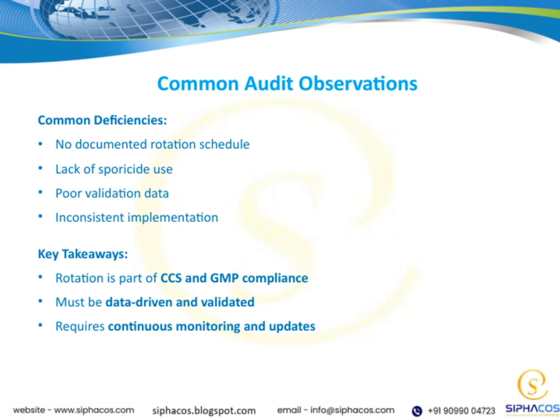Lastly, continuous monitoring and regular updates are vital. Compliance isn't a one-time effort. It's an ongoing process that requires vigilance and adaptation to stay effective. These points tie back to the overall theme of maintaining high standards through diligent, validated, and well-monitored practices.